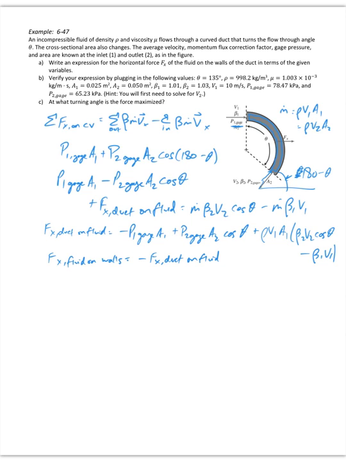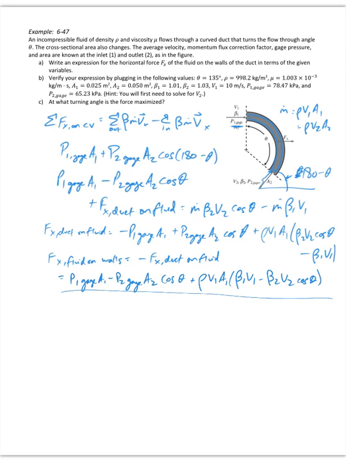And so that is going to equal P1 gauge A1 minus P2 gauge A2 cosine theta plus rho V1 A1 times beta 1 V1 minus beta 2 V2 cosine theta. So this is basically part A.